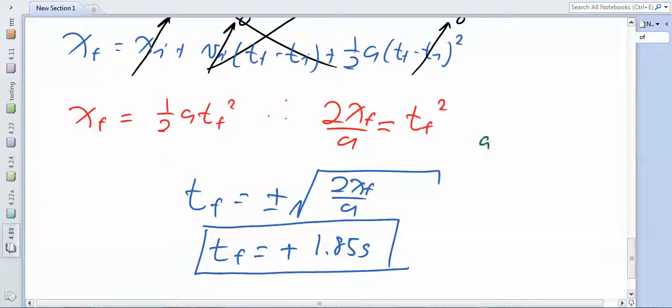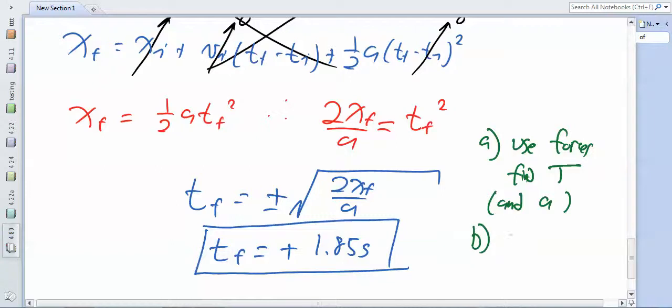All right, so let's recap for a second. In part A of the problem, we used the forces to find the tension. And while I was at it, I found the acceleration of the objects because I needed that for part B of the problem, which was about the motion.